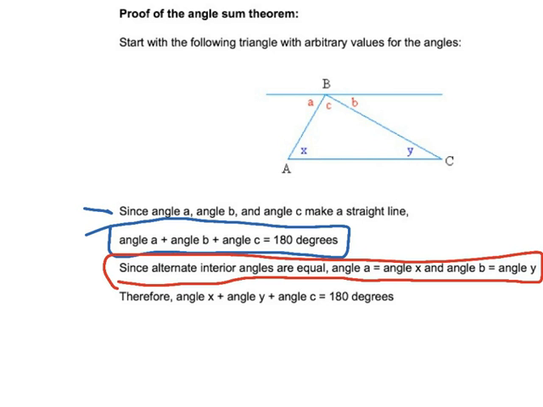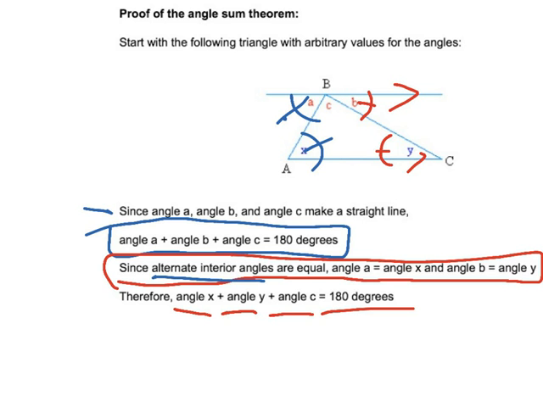Angle B equals angle Y. That's true, because this and this are parallel. And angle A is congruent to angle X. That works, and the reason for it is alternate interior angles. And then lastly, it says angle X plus angle Y plus angle C equals 180 degrees.